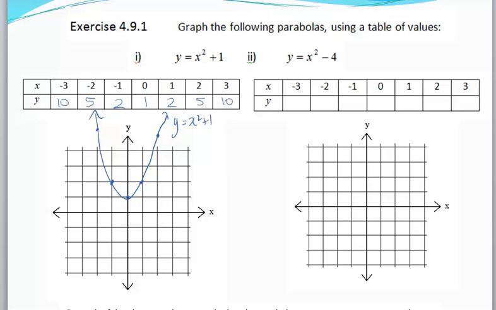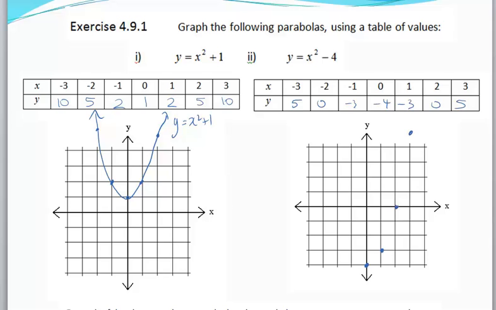X squared minus 4, we use the same process to fill in our values. We should have 5, 0, minus 3, minus 4, minus 3, 0, 5. So x is 0, y is minus 4. 1, minus 3. 2, 0. 3, and 5.